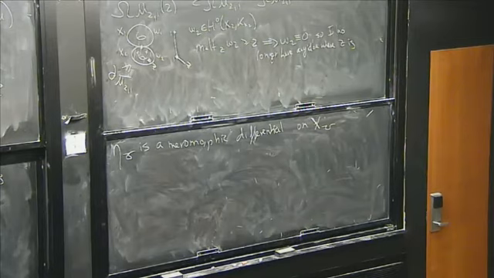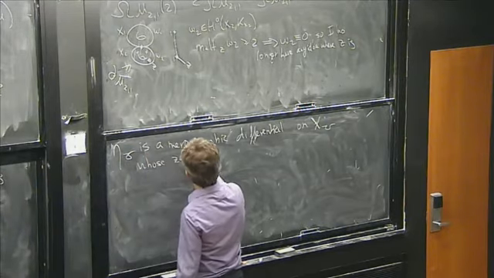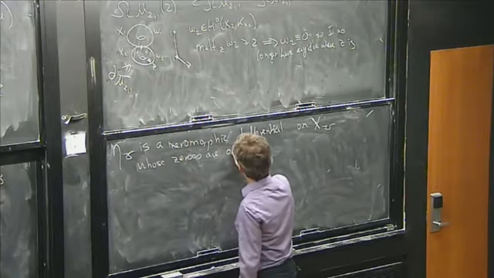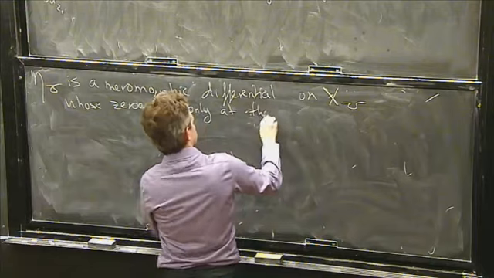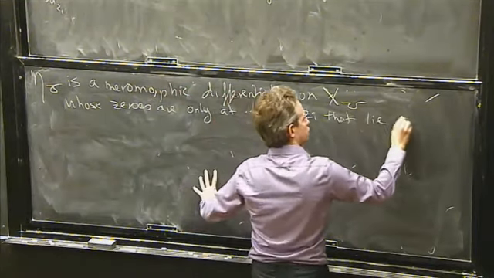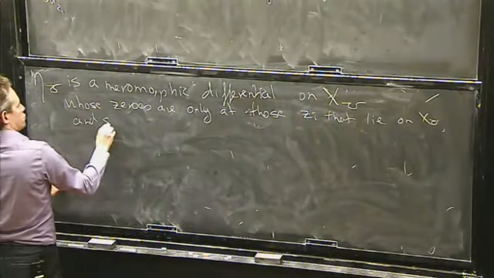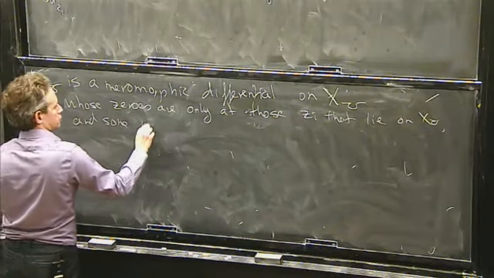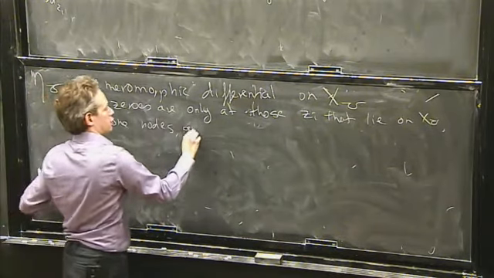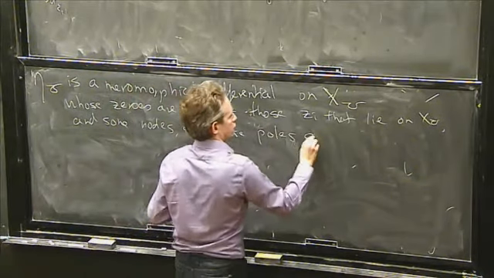There can be no other poles. Whose zeros are only at some zi, at those zi's that lie on the component xv, and some nodes, and whose poles are only at some nodes.